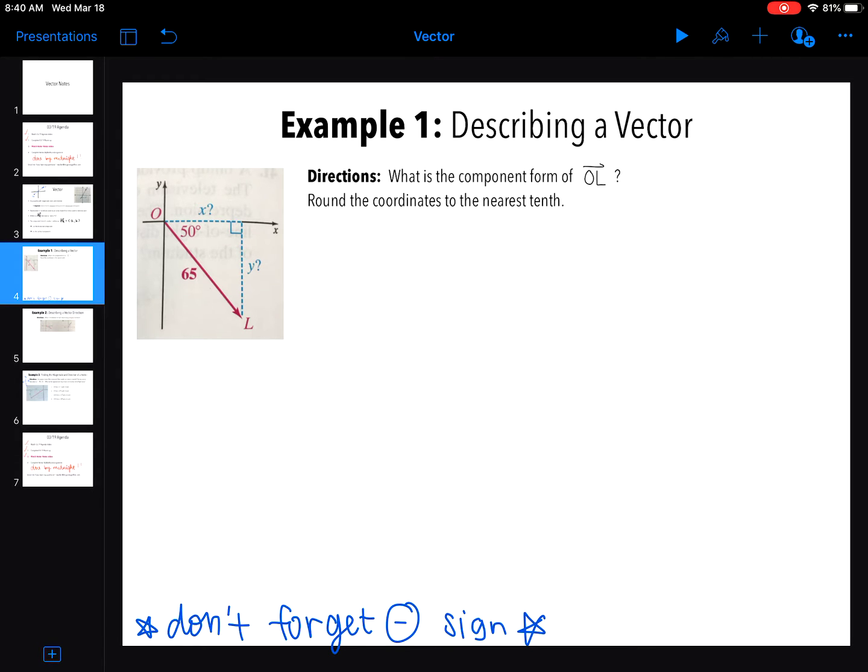However, when I look at this image, I see I have an angle, 50 degrees, and I have my hypotenuse. And because vectors are on a coordinate plane, we can typically draw imaginary lines to make it a right angle. So I have a right triangle. I can't use Pythagorean theorem here because I don't know one of my sides. However, I can use my trig ratios.